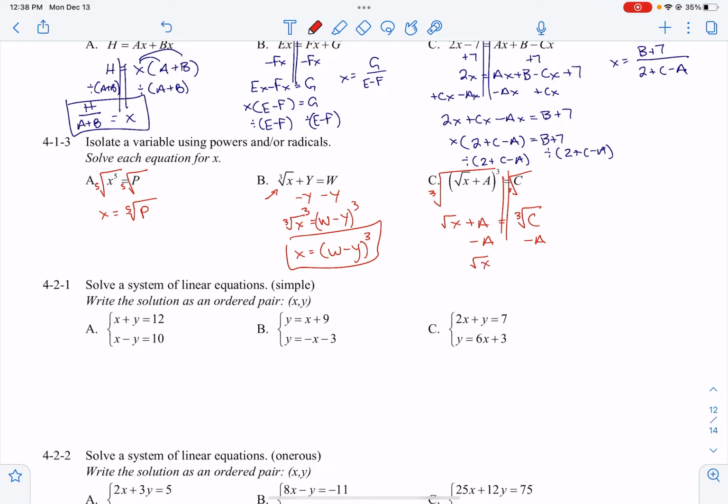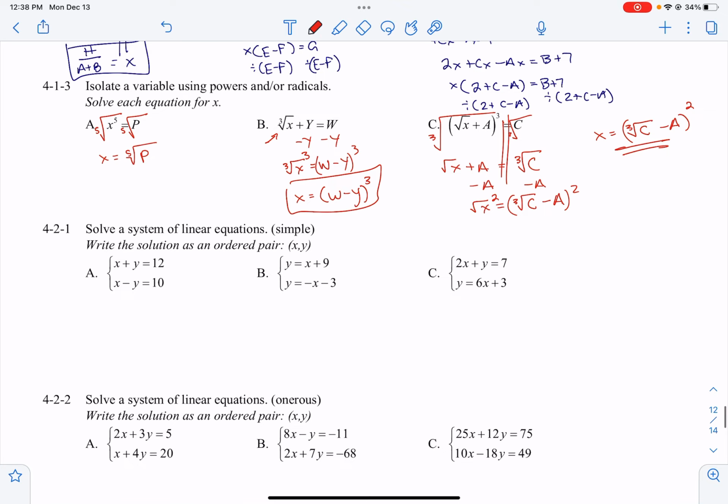So the square root of x equals the cube root of c minus a. And the minus a is not under the root, it's on the outside. And then the opposite of square rooting is to square. So x equals (the cube root of c minus a) squared would be my final answer.